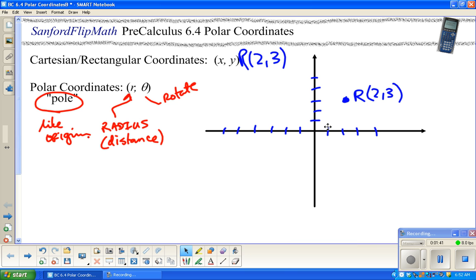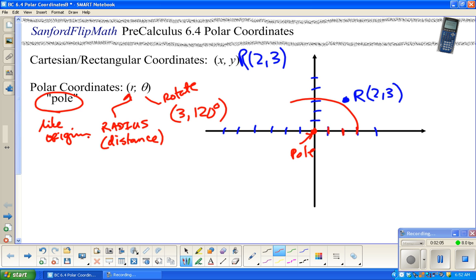For instance, take the ordered pair (3, 120), assuming degrees. I count out 1, 2, 3 from the pole, then rotate around to 120 degrees and put a point. I'm going to call that P for polar. So this is the ordered pair (3, 120). It's just a very different way to locate things.